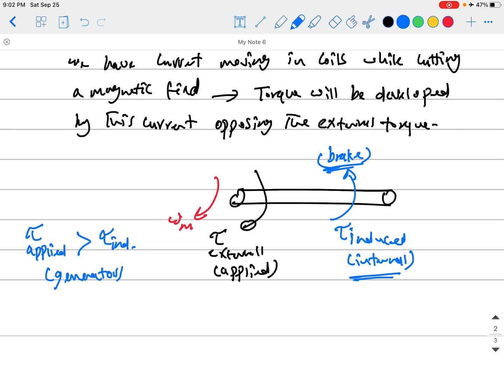Okay? So you apply an external torque, and the machine creates its own induced torque, which opposes this external torque, but it's less than it. Okay? So by this equilibrium, you have a stable speed, and the machine will be just running smoothly at a certain speed. Okay, guys?